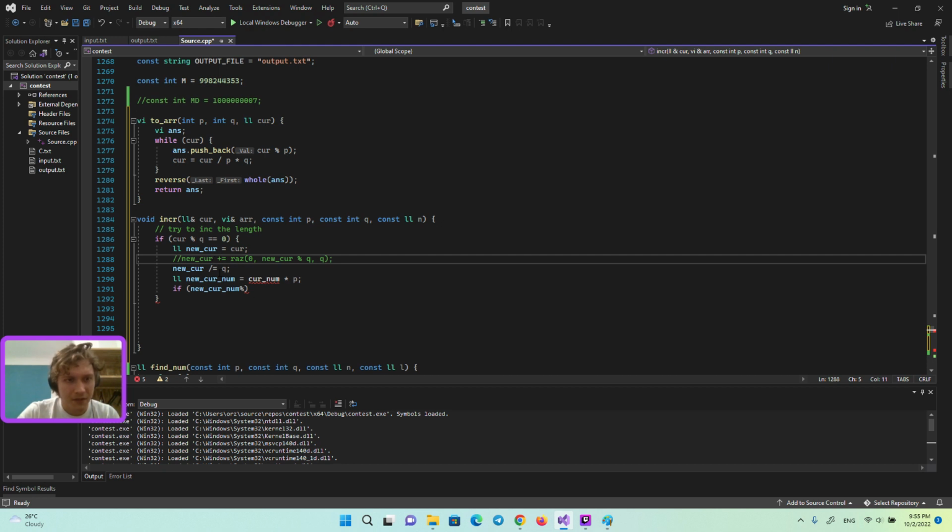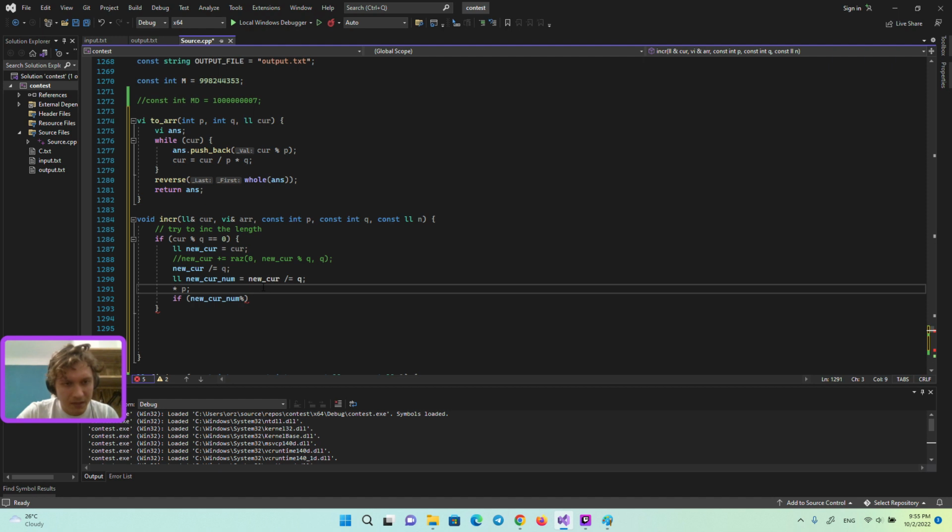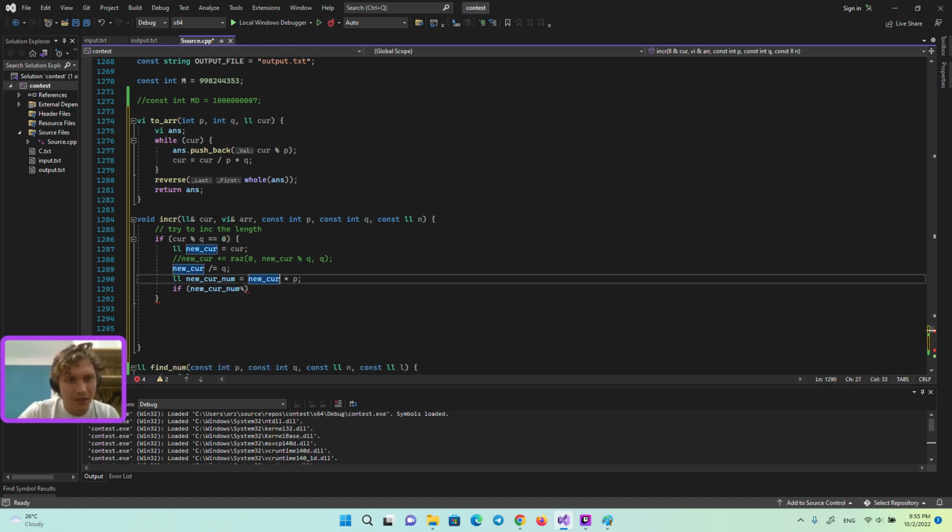I just divide by q and multiply by p. And if this new number is divisible by p, then I can do it.